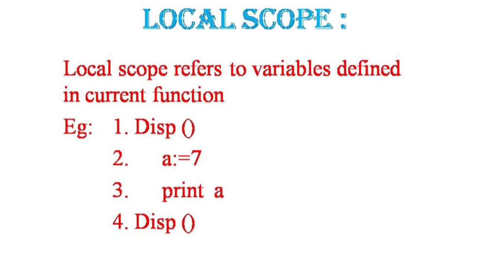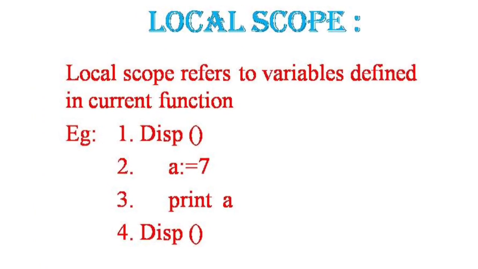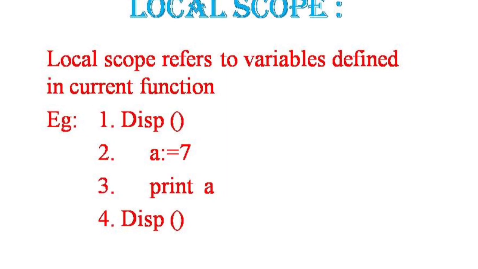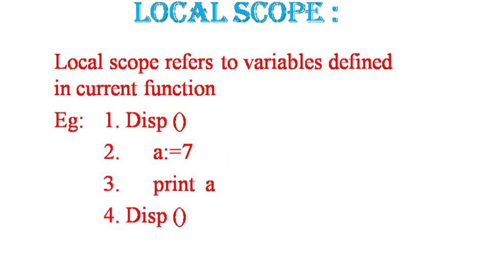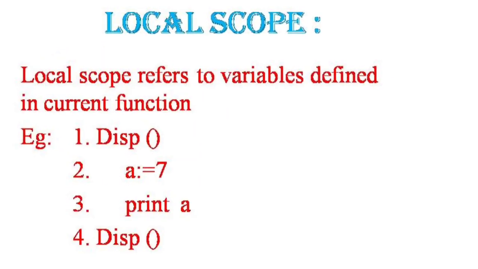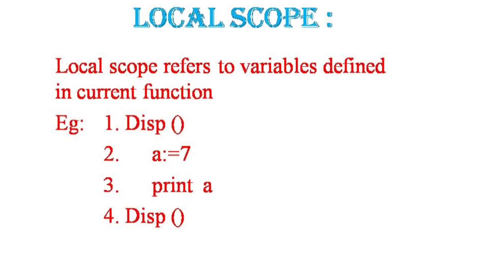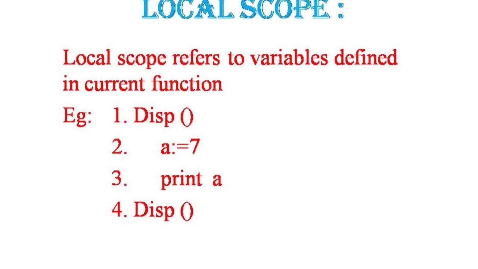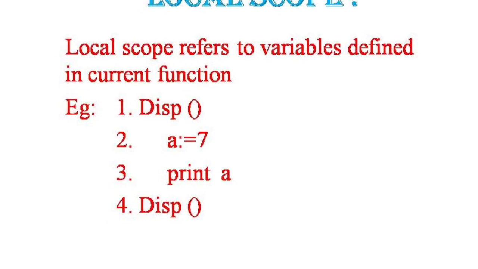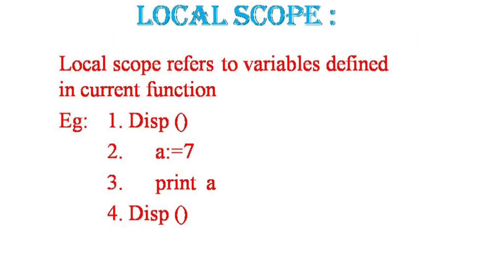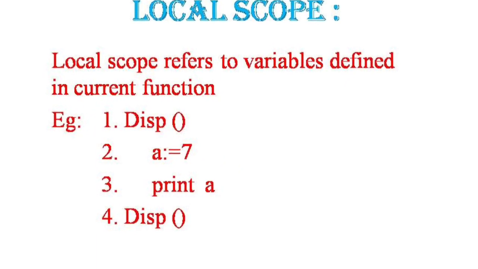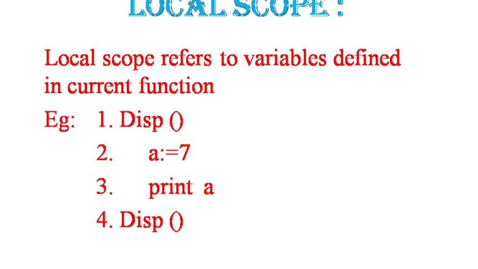First one is the local scope. Local scope refers to variables defined in the current function. Whenever a variable is referenced, it will be checked in the local function first. Then only the outer scope will be checked. Look at this example. Here, disp is a function.